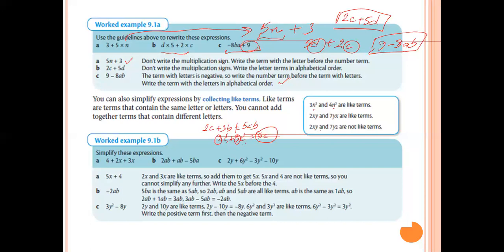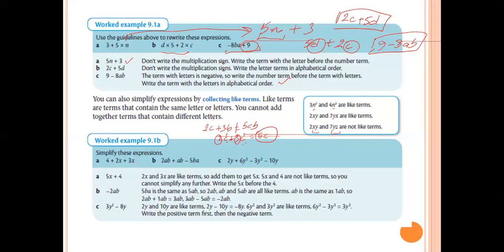So 2xy and 2yz are not like terms because at least one letter is not the same. For example, y and x are not equal to each other. That's why we cannot combine them.